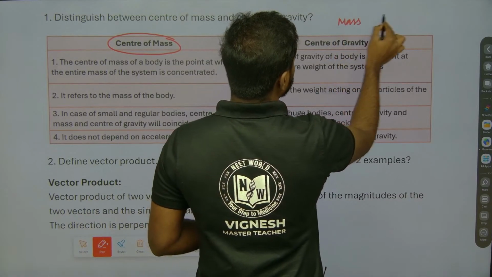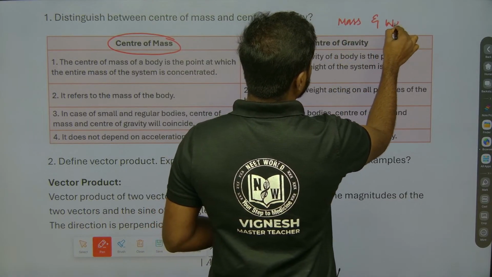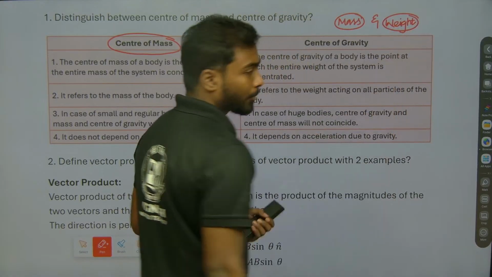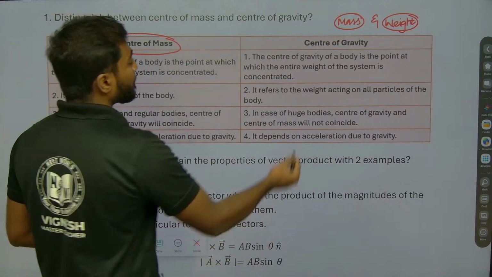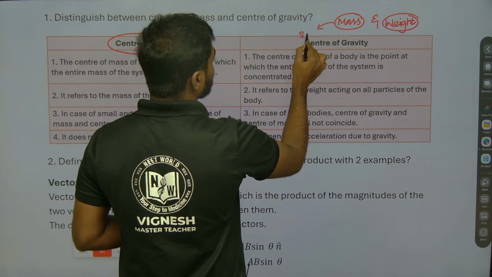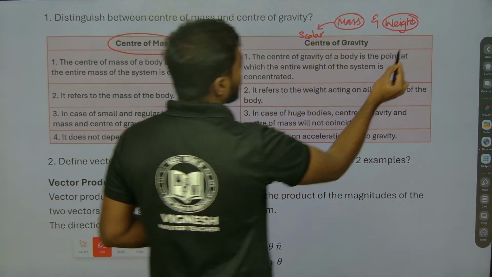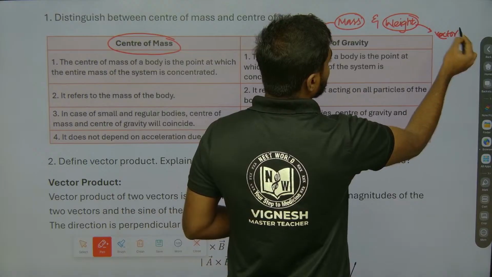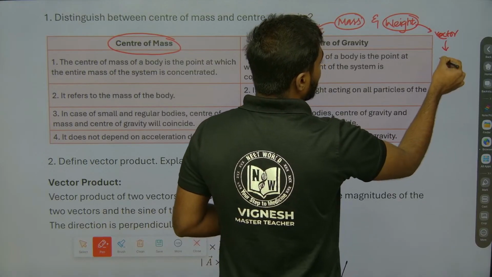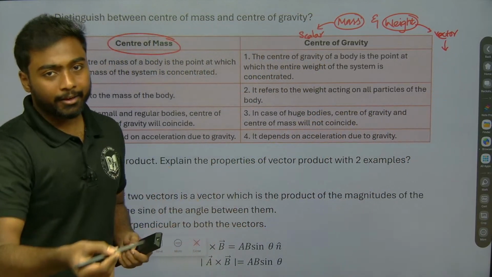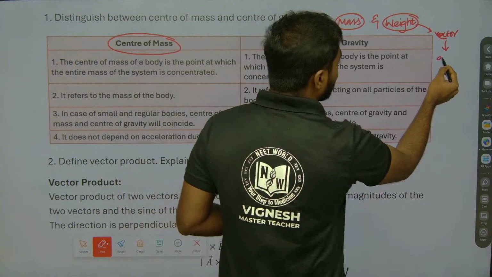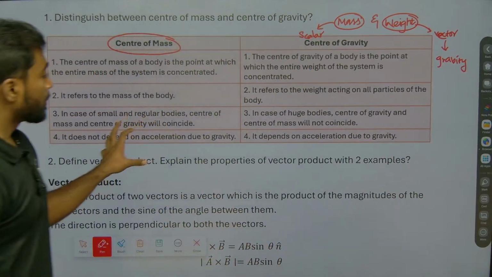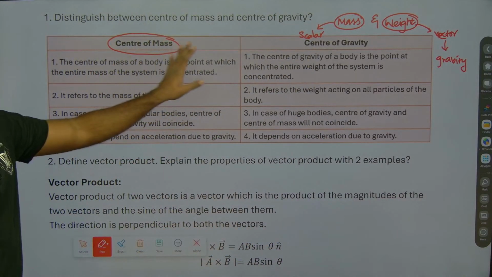They are different quantities. Mass is a scalar, and weight is a vector, because it gives direction based on gravity. Now we will go into the differentiation between center of mass and center of gravity.